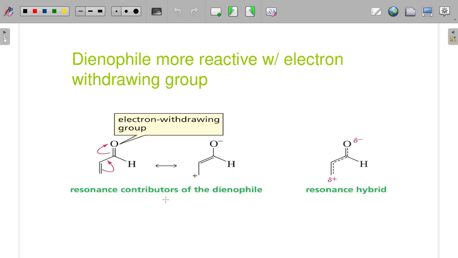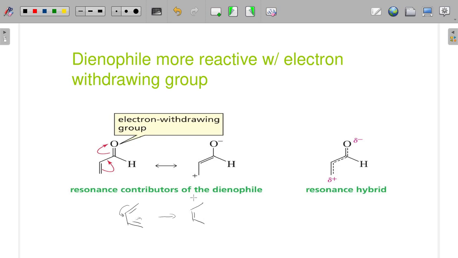All right, something else that actually drives this along. We need to have on our dienophile something that's withdrawing of electrons. Now, the reason is that withdrawing of electrons will create one of those resonance contributors that has that end down there slightly positive. And that slightly positive is going to much more easily attack our diene, because think about our resonance that we know happens with our diene.